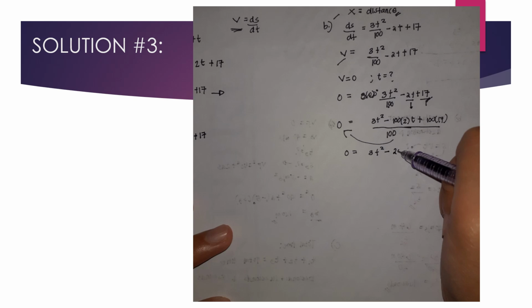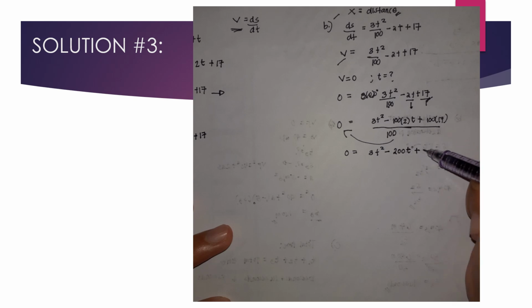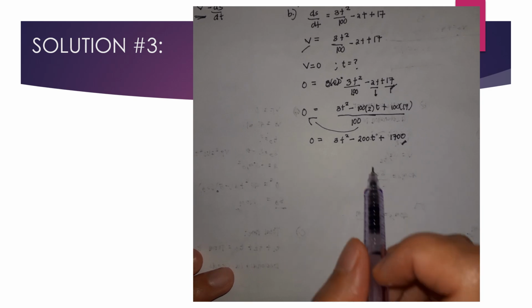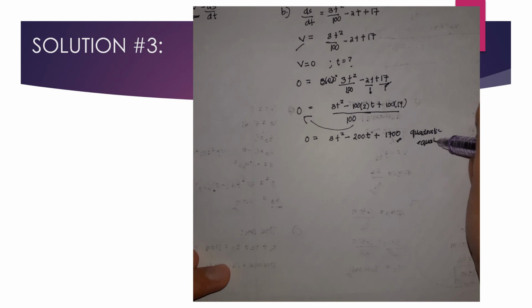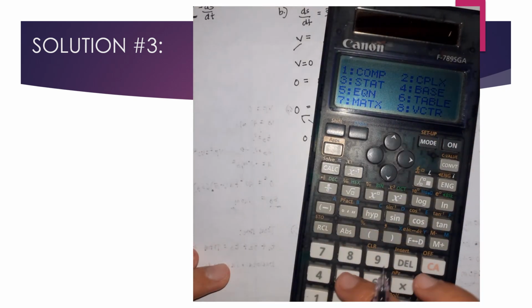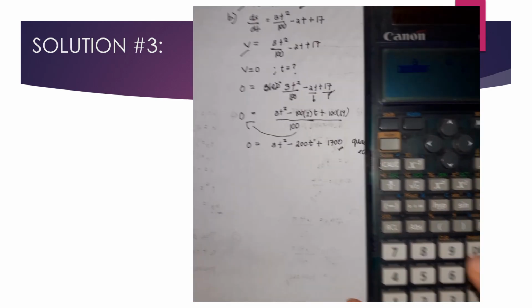Cross multiplying, we have 0 equals 3t squared minus 200t plus 1700. As you can see, this is a quadratic equation, so we can simply plug it in our calculator.